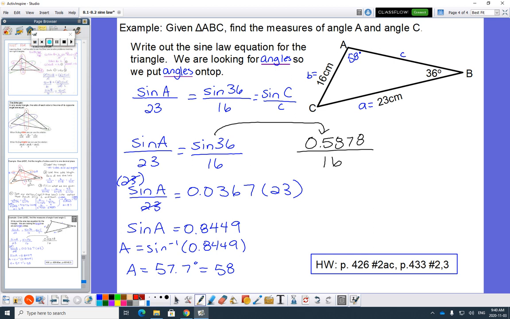We don't need to solve for side C or anything like that. Let's just go and find angle C.